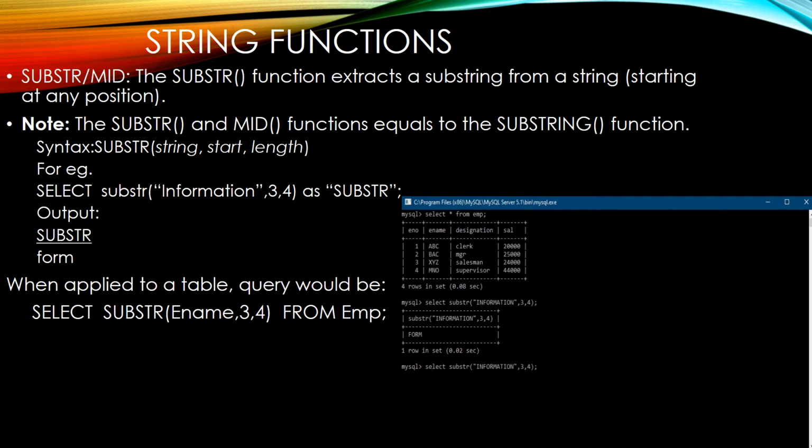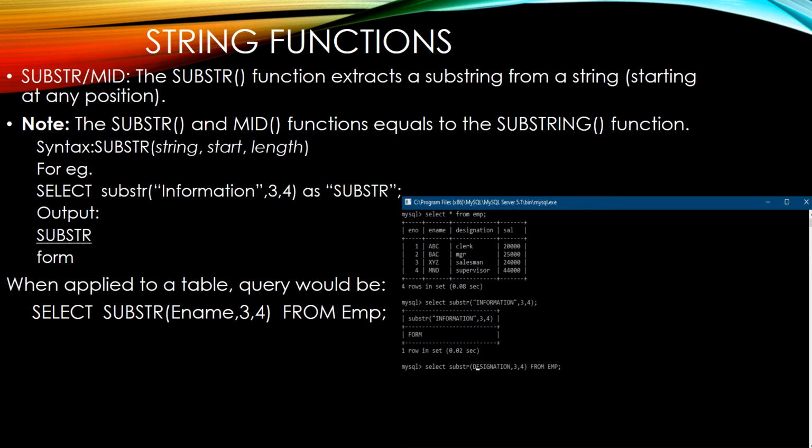We can also apply this function on the table. Then in that case you have to write the field name. I want to extract 4 characters from the third position of every designation. So I am passing the field name as designation, and then the table name in the from clause.